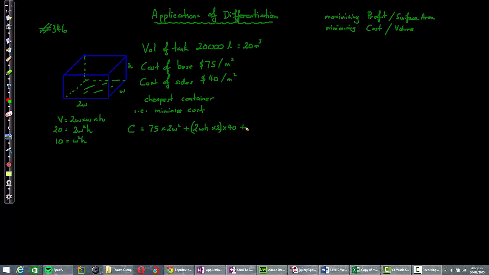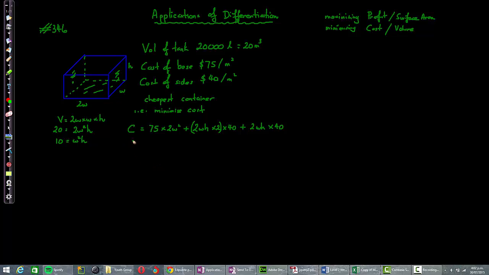So that's the front and the back, and let's add on the two sides. So this side over here, the right side, is W times H, and we also have a left side. So that's two lots of WH, and each of those square meters times 40.